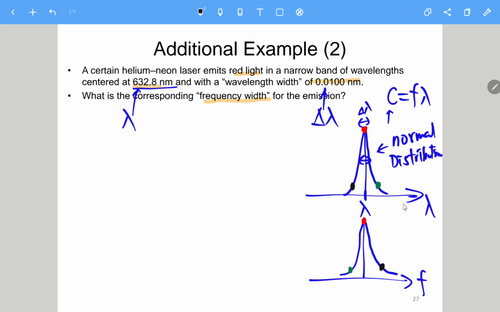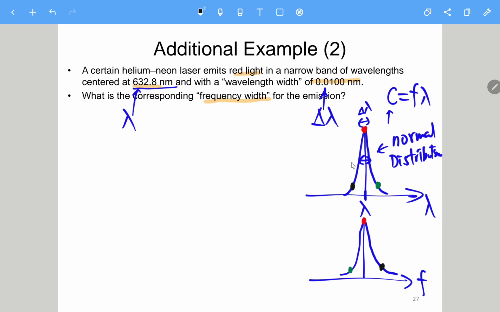You can just flip it, because f and lambda are inversely proportional and c is a constant. A smaller wavelength gives a higher frequency, and a longer wavelength gives a lower frequency. Here delta lambda is the width of this normal distribution.